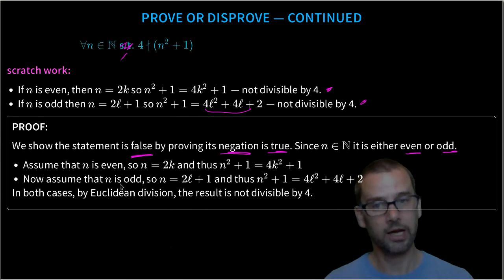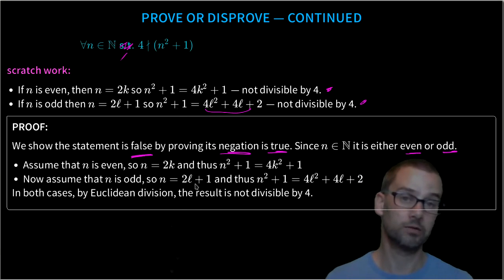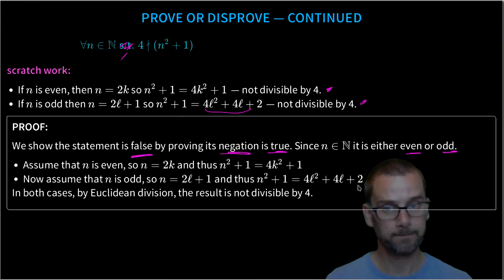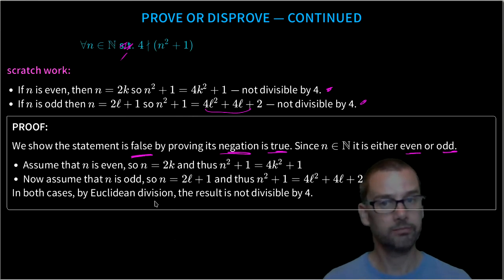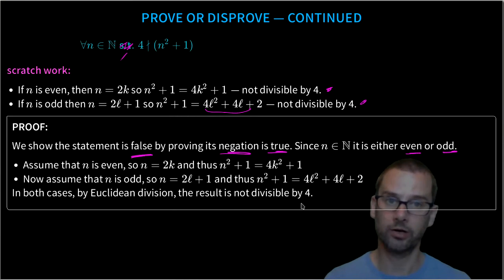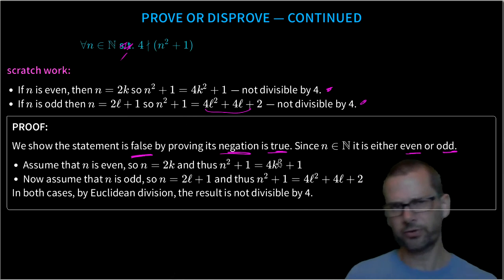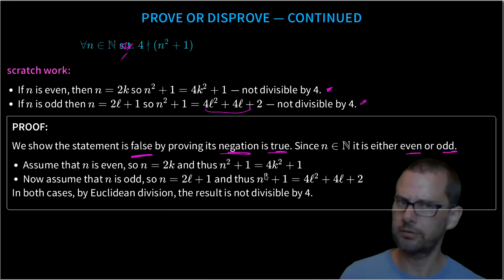If we assume, on the other hand, that n is odd, then we can write n as 2l plus 1, so n squared plus 1 is 4l squared plus 4l plus 2. In both cases, by Euclidean division, the result is not divisible by 4, because this is 4 times an integer plus 1, 4 times some other integer plus 2. And so we're done.